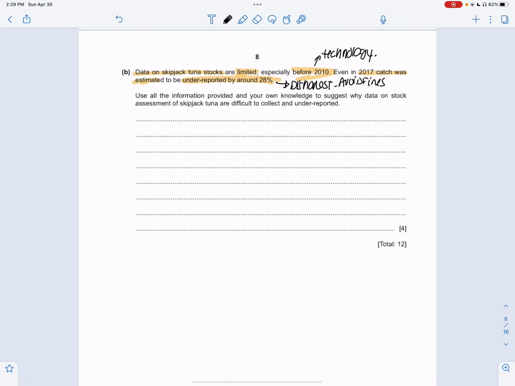They also want to avoid further restrictions or strict quotas. Use all the information provided and your own knowledge to suggest why data on stock assessment of skipjack tuna are difficult to collect and are underreported. That also includes wanting to avoid fines from catching bycatch.